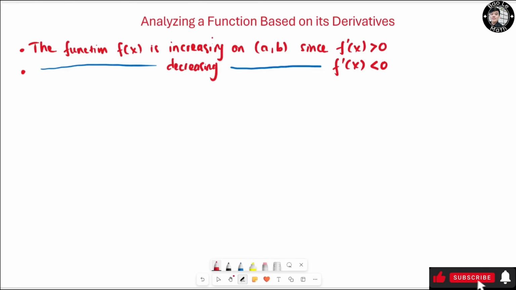The function f of s has a relative maximum at a point s equals a because the function f prime of s changes sign from positive to negative when s equals a. The function f of s has a point of inflection at a point s equals a because f double prime of s changes sign when s equals a.